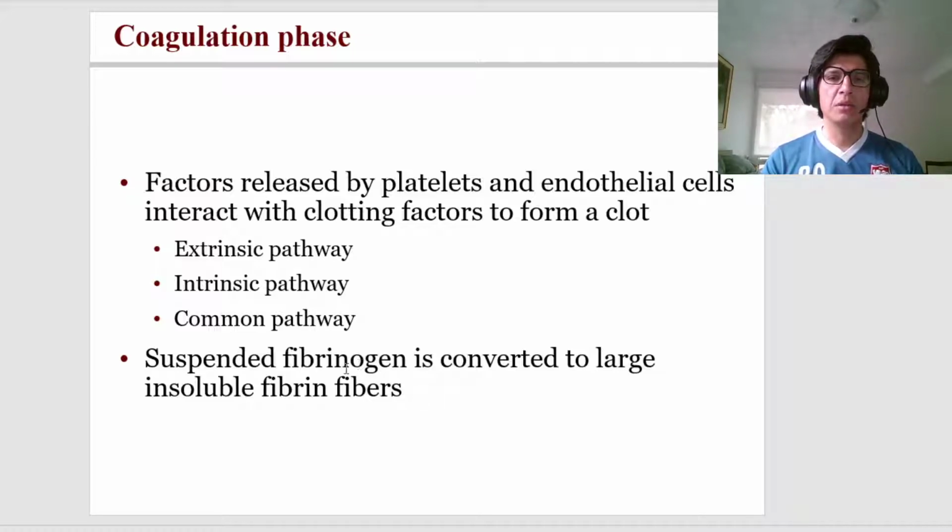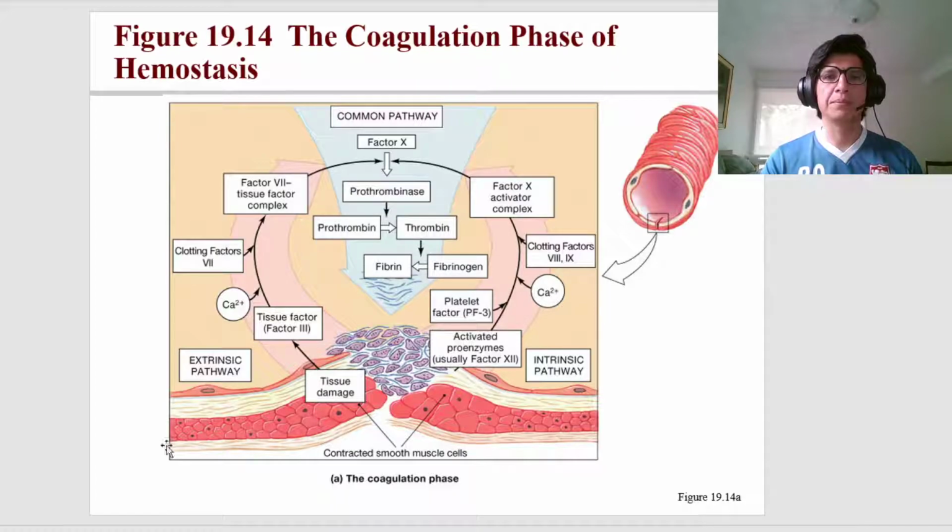How do we get to this transition of fibrinogen to insoluble fibrin? Through these 3 pathways: extrinsic, intrinsic, and common pathway. Once again, focus on the end result here: the transition of fibrinogen, which is soluble, readily flowing within the blood, to insoluble fibrin that creates this network that seals off this cut.